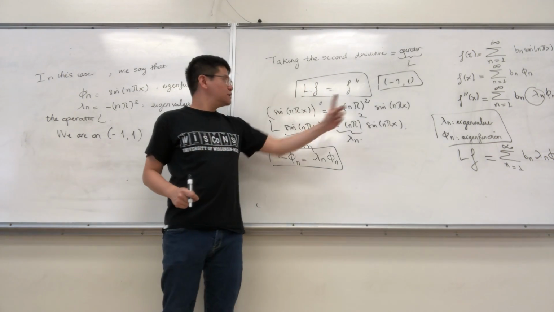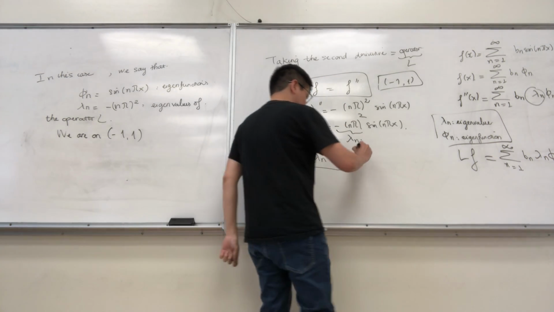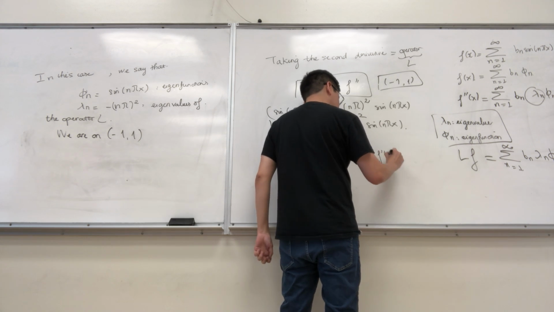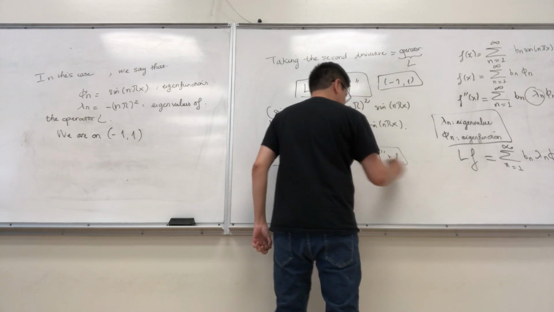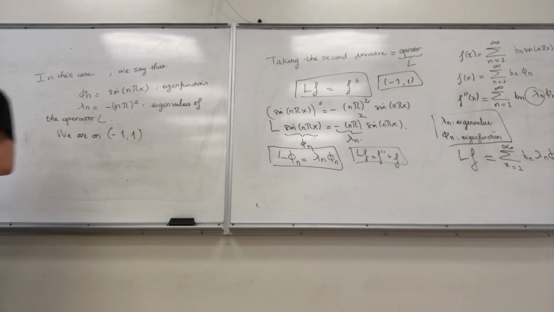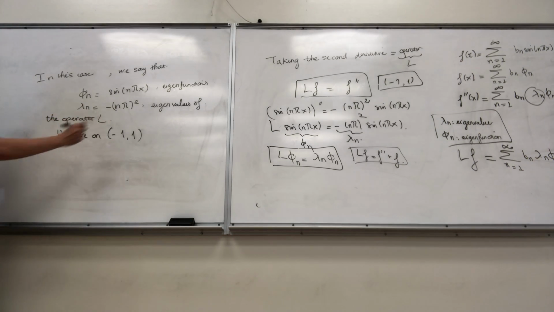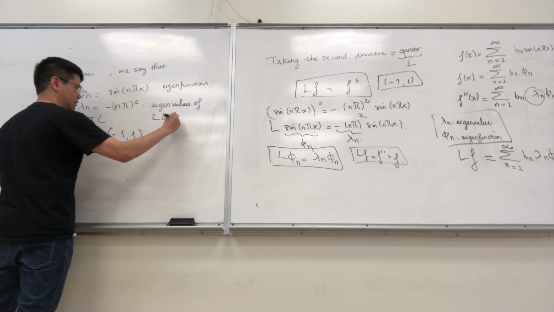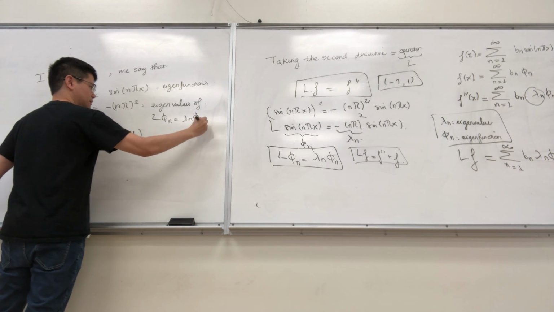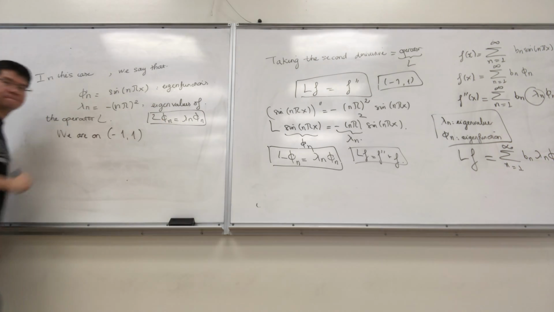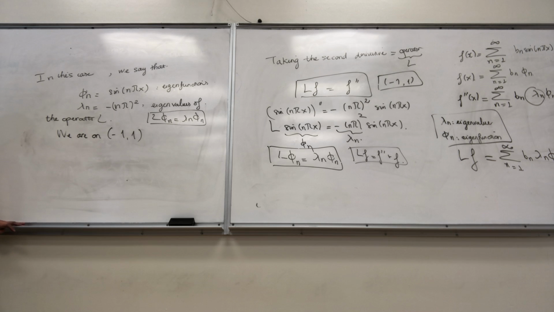My question is, what if I take the operator L to be f second plus f? Do we have eigenvalues and eigenfunctions? Do we have this kind of behavior, L phi n is lambda n phi n? Yes, the answer is yes, and the reason will be in the next lecture.